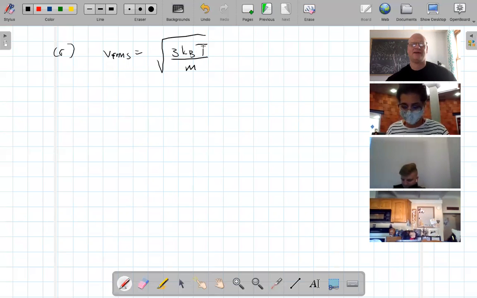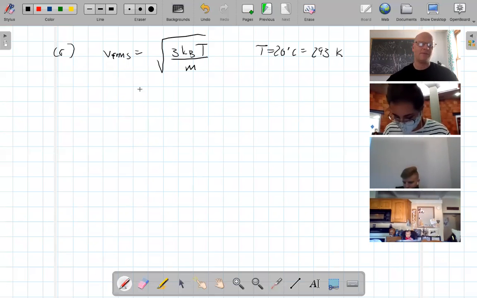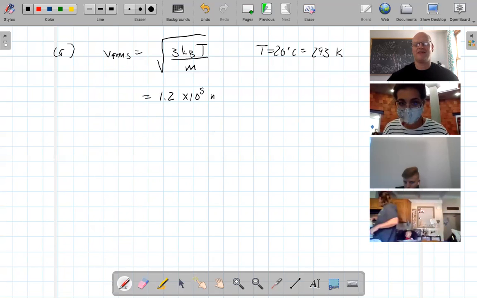Here our temperature was 20 degrees Celsius, which is equal to 293 Kelvin. The mass is the mass of a copper atom. I don't remember off the top of my head what k_B actually is, but if we look it up and plug in our numbers, we find that the RMS velocity turns out to be 1.2 times 10 to the 5th meters per second.